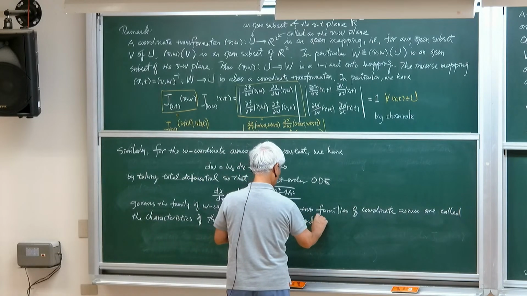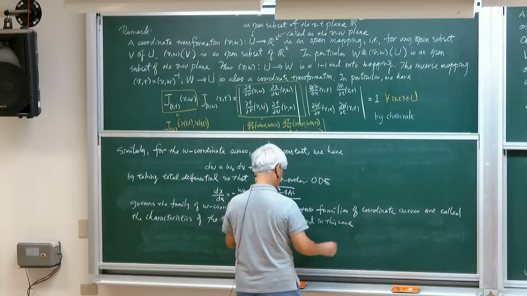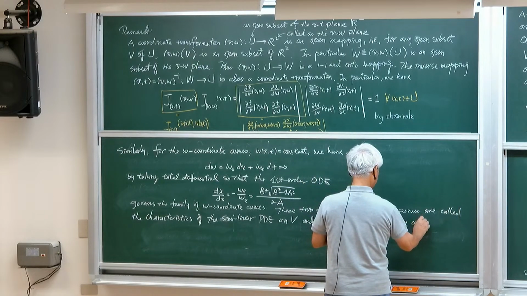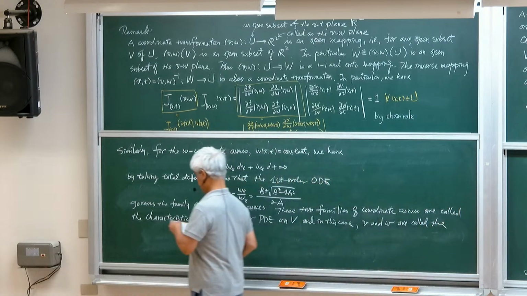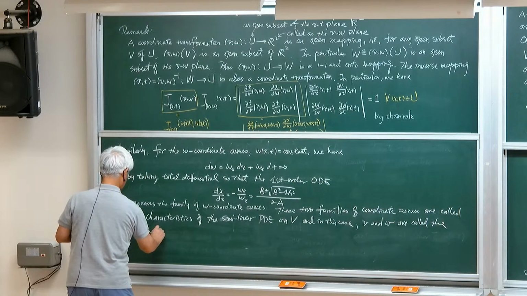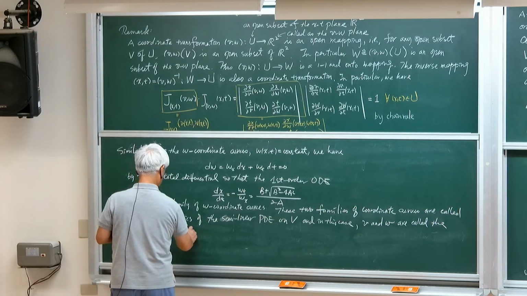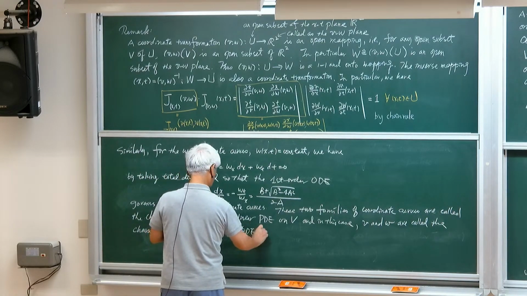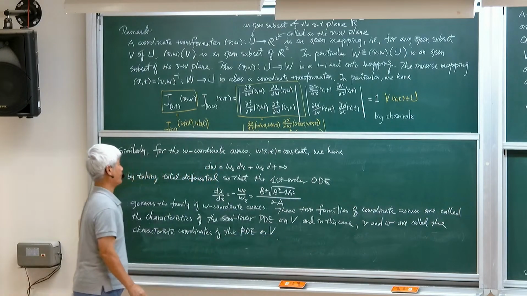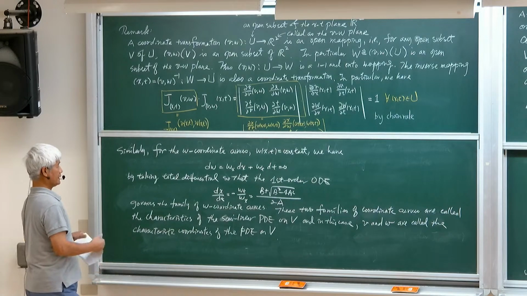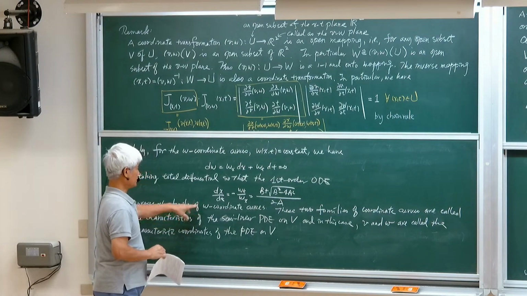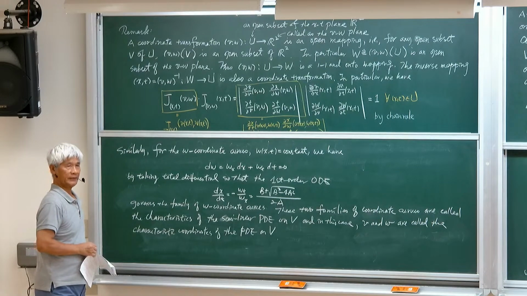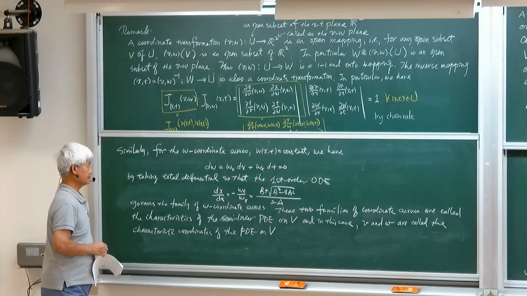And in this case, v and w are called the characteristic coordinates of the PDE on V. So basically, the coordinate transformation we used is actually the characteristic coordinate transformation.